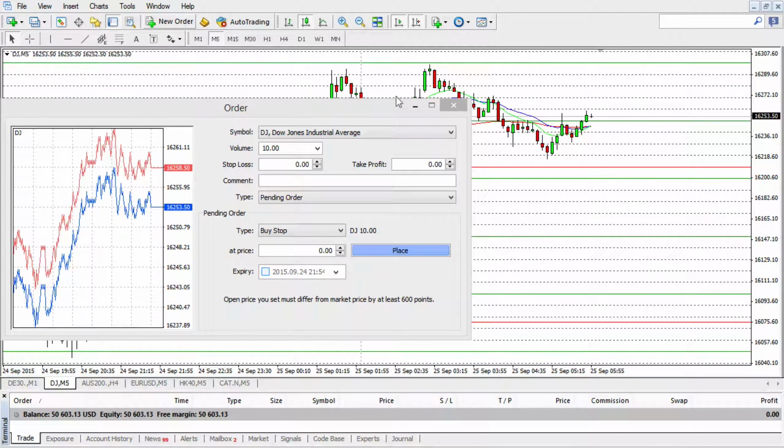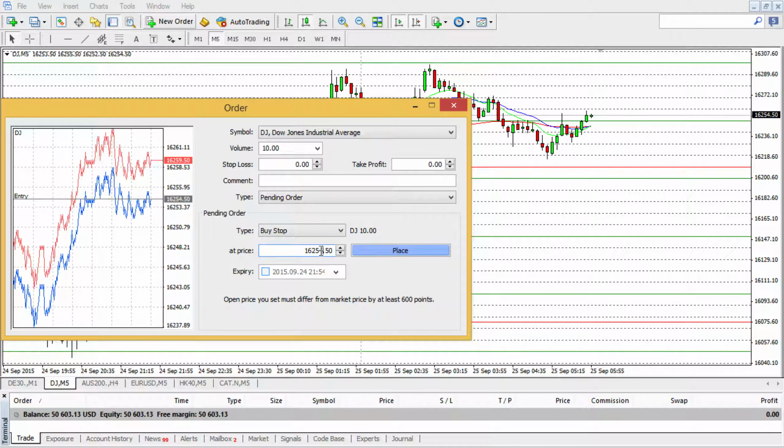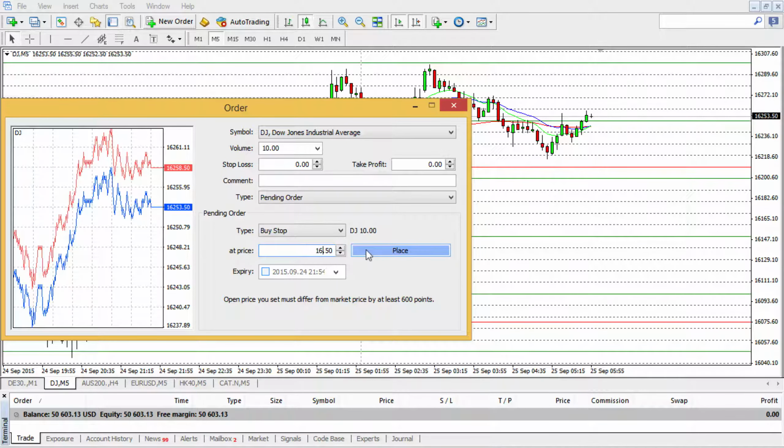So let's say the spread is 5 points, so we will add 5 to the end, so 98 becomes 03. So we will have 16,303.50 in that case. So that's what we need to do.